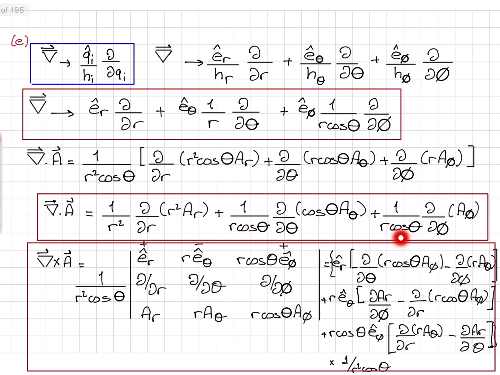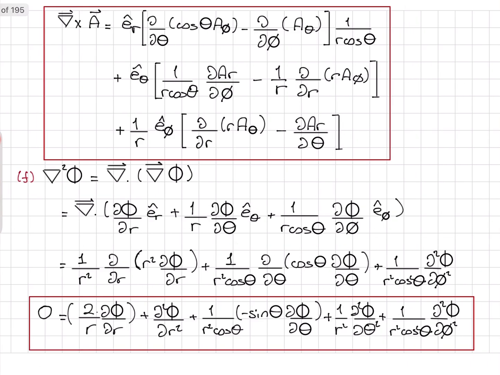And the last term, 1 over r cosine theta del del phi. There is also a 1 over r cosine theta here, so 1 over r squared cosine squared theta, second derivative with respect to phi, and this simplifies to this final form.